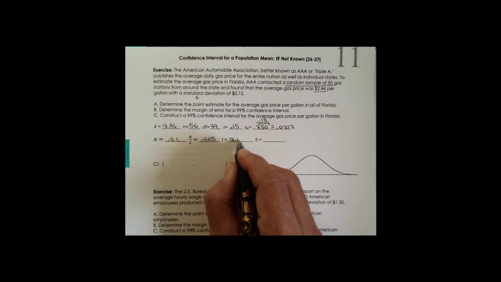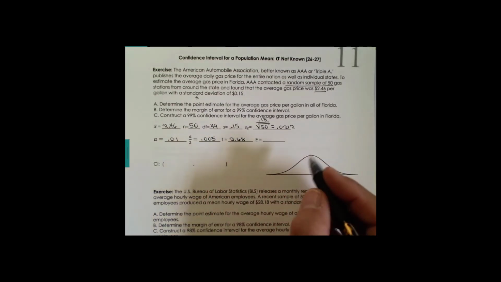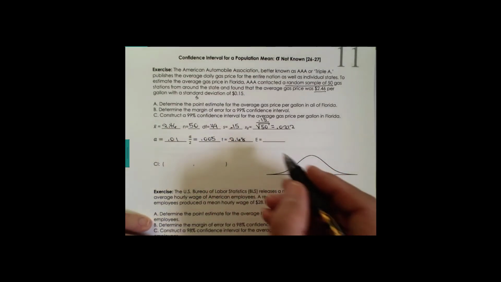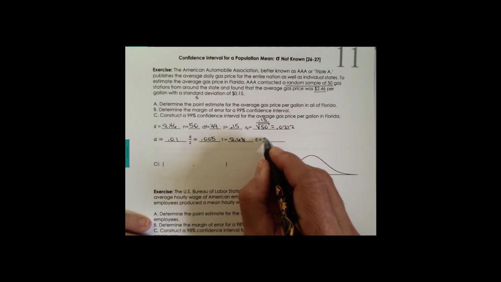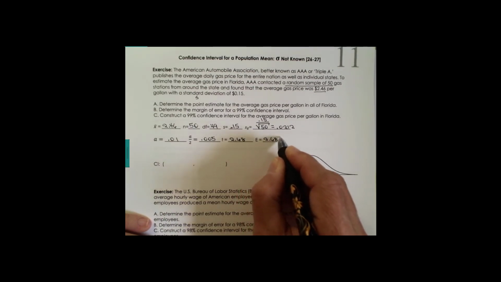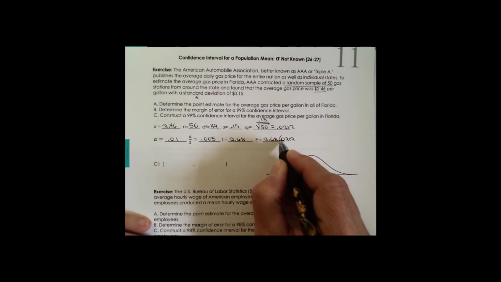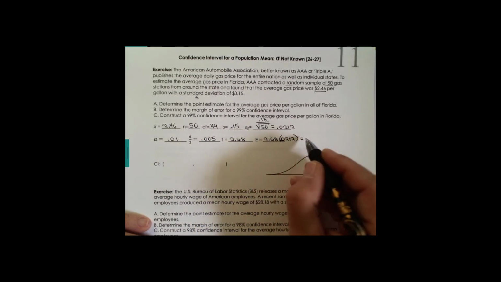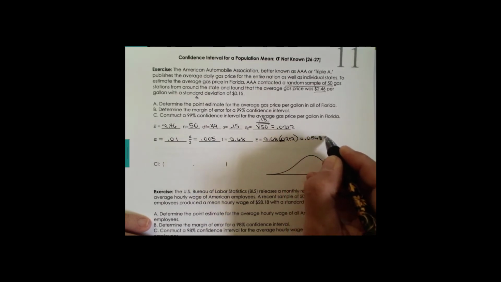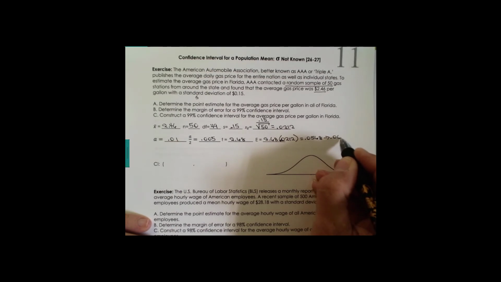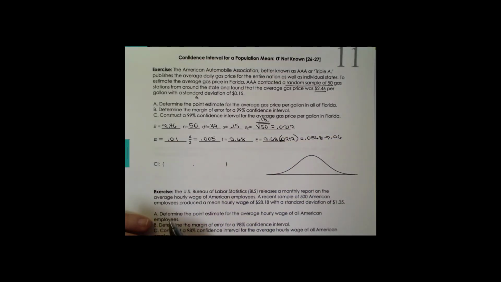So t-score 2.6800, but I really don't need that part. And then I'm going to calculate my margin of error. It is the t-score of 2.68 times that standard deviation of 0.0212, and I end up with 0.0568. Because this is gas prices, I'm going to go up to 0.06 and use that.